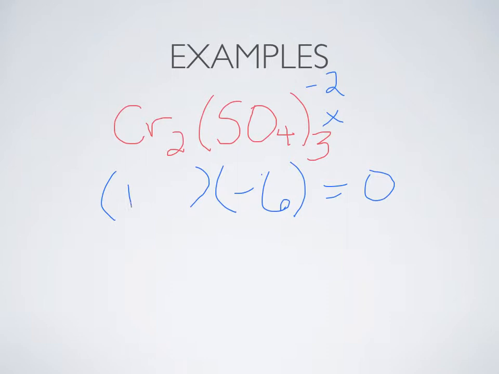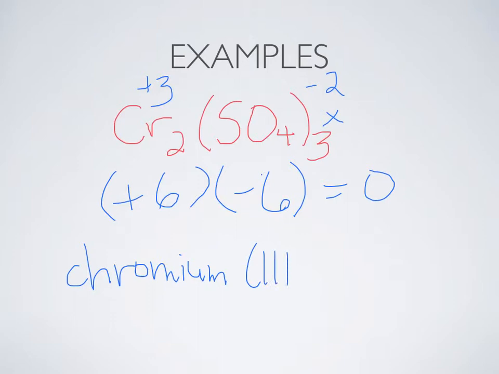So this side has to be +6. So I need to figure out what will multiply by 2 to get me 6, and that's 3. So I'm +3. So then I can just look up chromium. And I'm Roman numeral 3 because of the +3, and I'm sulfate.